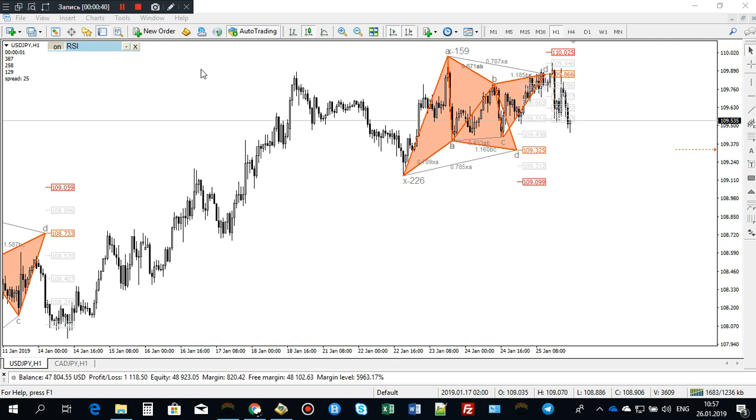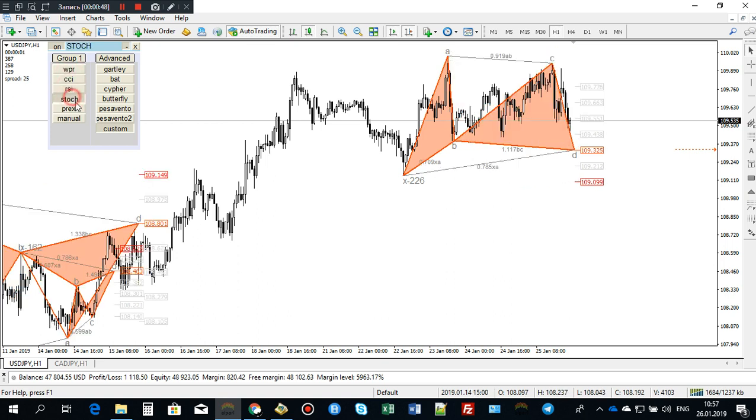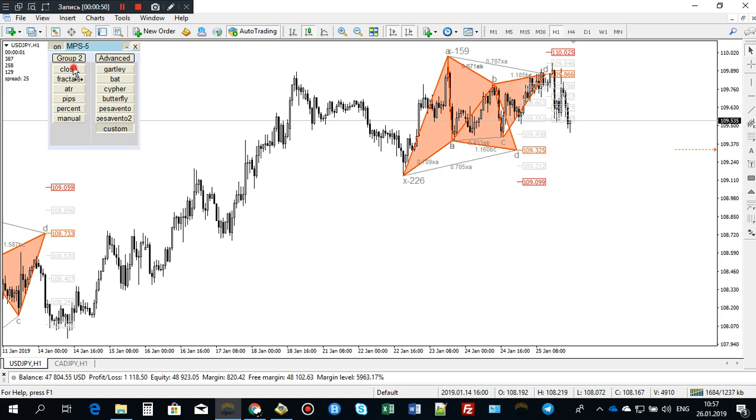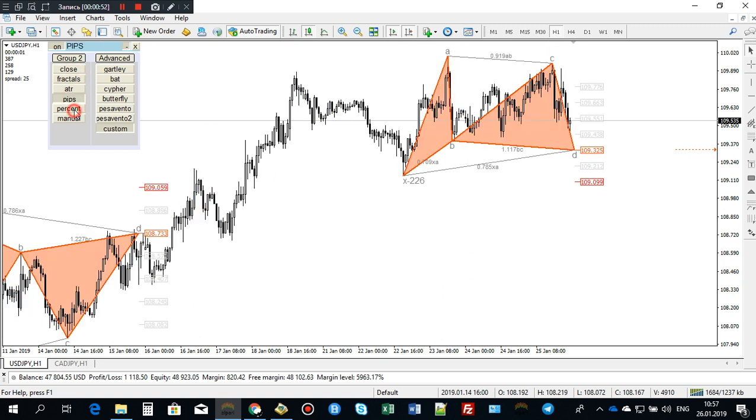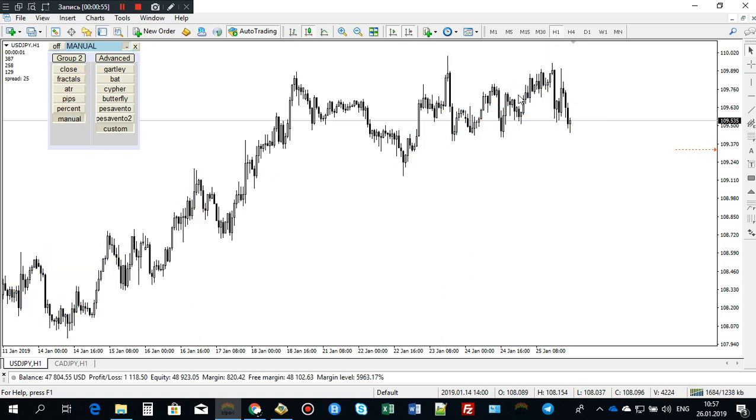And MPS is deciphered as Monster Pattern Search because it identifies the market from different angles. You simply switch the different algorithms. You have 10 of them, automated algorithms, or you can even use a manual algorithm to identify your swings and to draw your patterns.